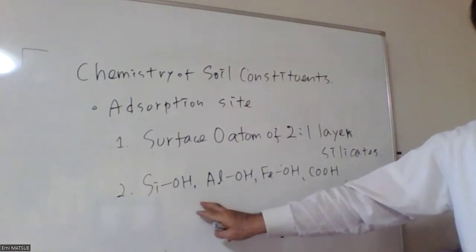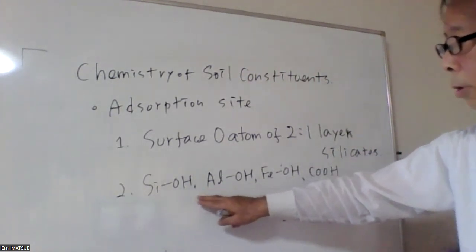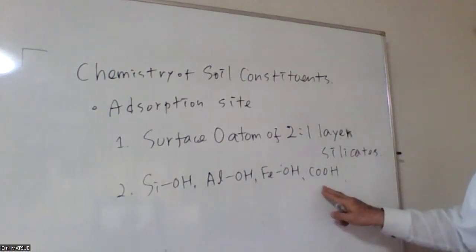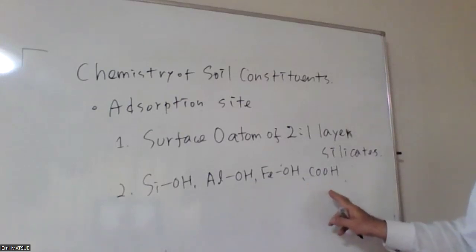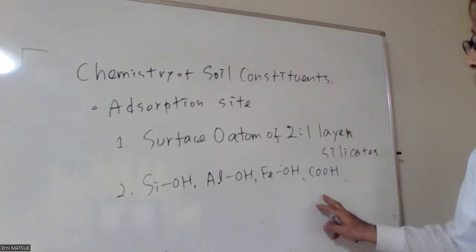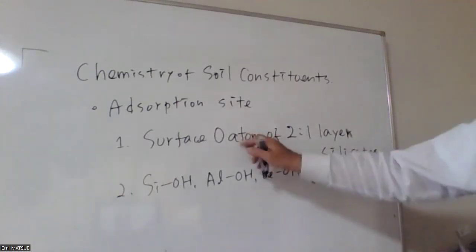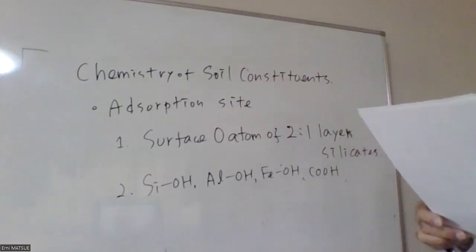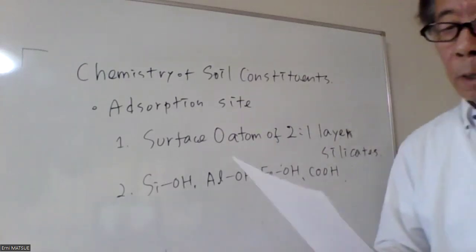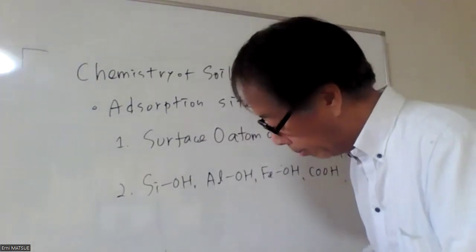The other is the weak acid functional groups of clays and humus: SiOH, AlOH, FeOH, and COOH. These two sites are responsible for the adsorption of materials by soil.